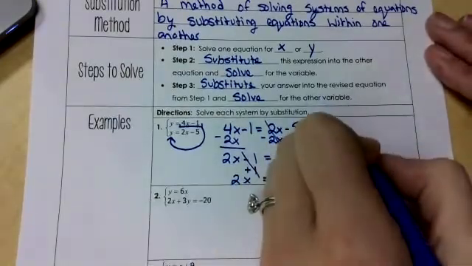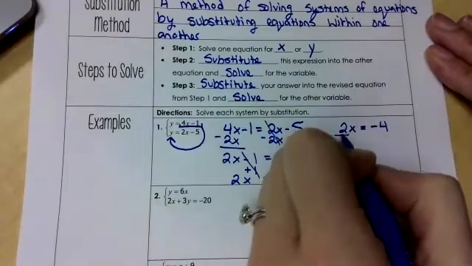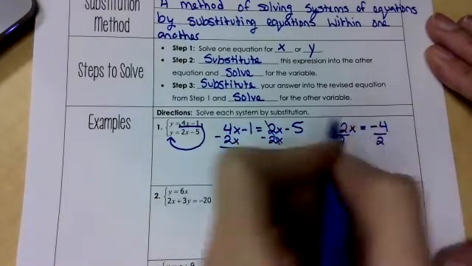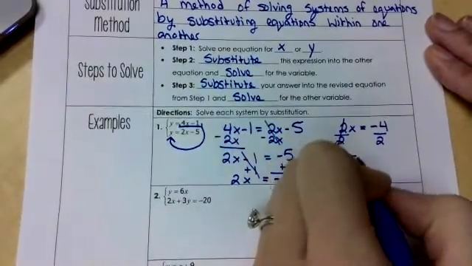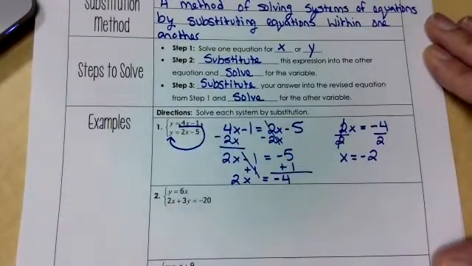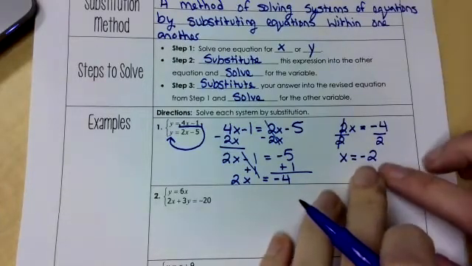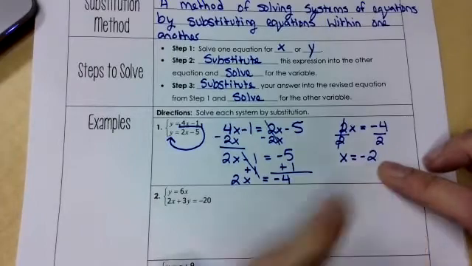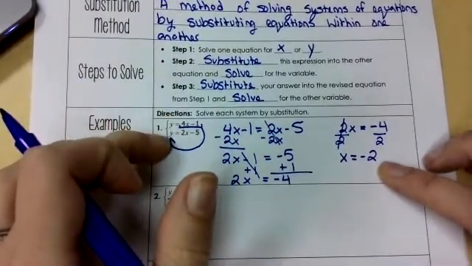I'm running out of room. Let me rewrite it over here. Cancels out on the left, and my x equals -2. If my x equals -2, I can plug -2 into either one of these equations. Actually, it does not matter which, and solve for the y.